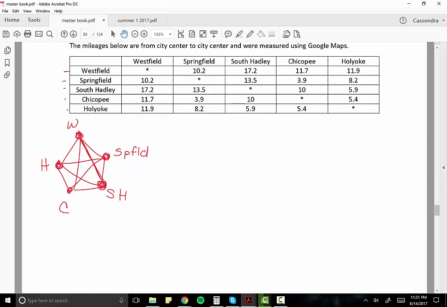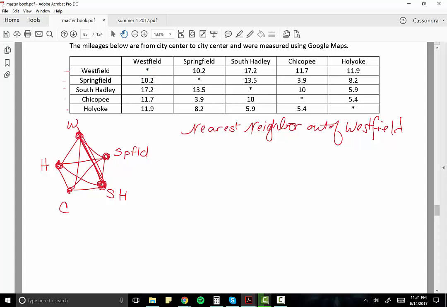So from Westfield to South Hadley is 17.2, and South Hadley to Westfield is 17.2. So if we were going to do a nearest neighbor out of Westfield, I would go from Westfield, and these stars, by the way, are because we can't go from Westfield to Westfield or Springfield to Springfield.